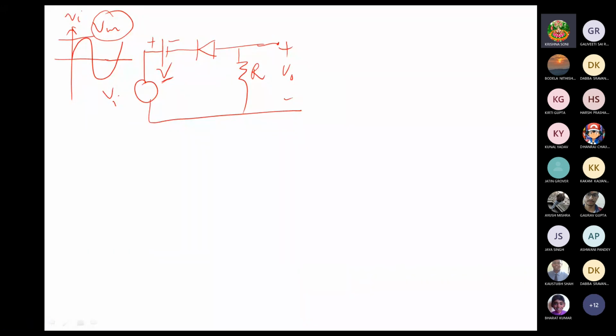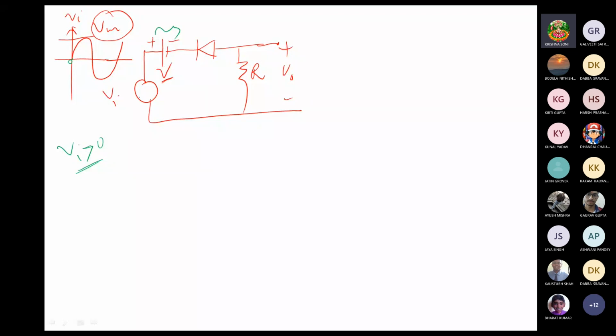Okay, so now let us analyze here. Starting from input voltage Vi equal to 0 and a value greater than 0, let us see what happens. If we remove this, for the time being, let us assume that this voltage source is not present.